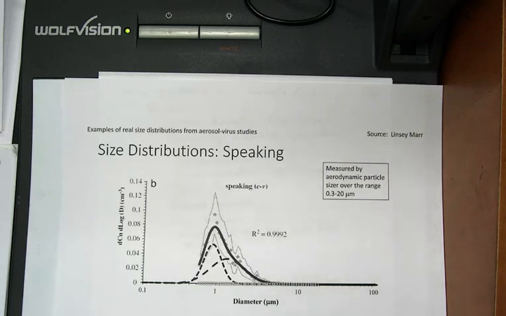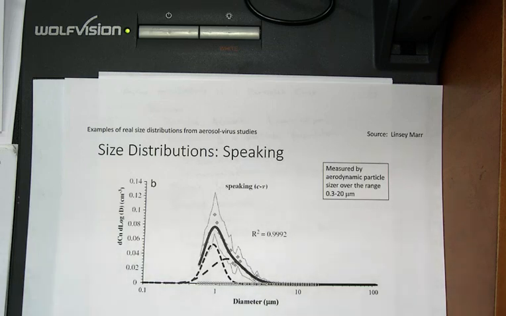This is sufficient information to answer a question like: if I have a room 5 meters by 5 meters by 3 meters in size with 10 people all speaking in it, how many particles should be in that room emitted from speaking?